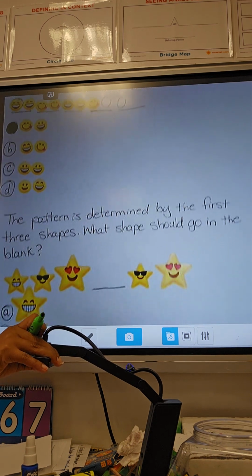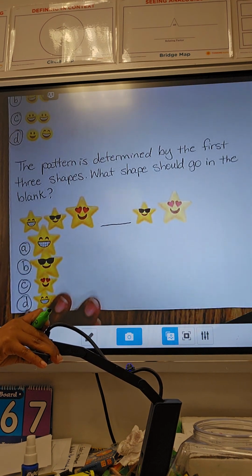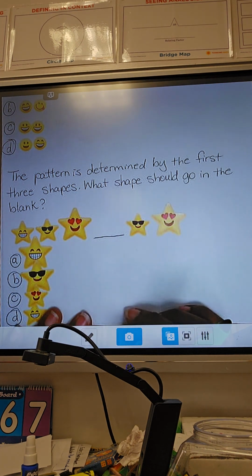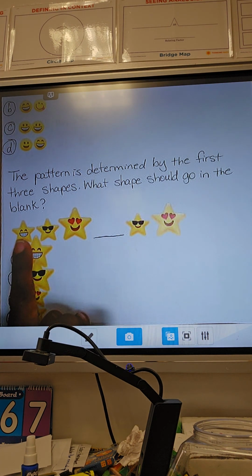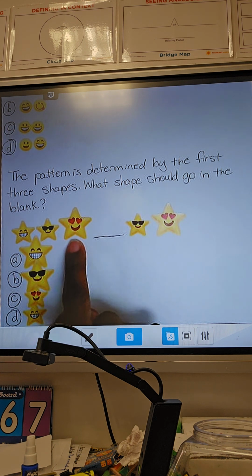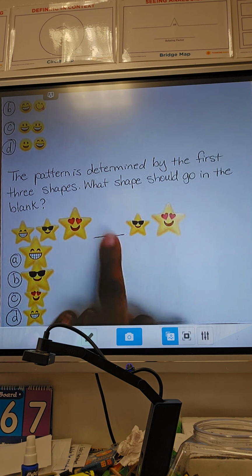The pattern is determined by the first three shapes. What shape should go in the blank? Okay, so the first three shapes are the big teeth smiley face star, the shaded star, and the bigger star, which has hearts. What goes here?